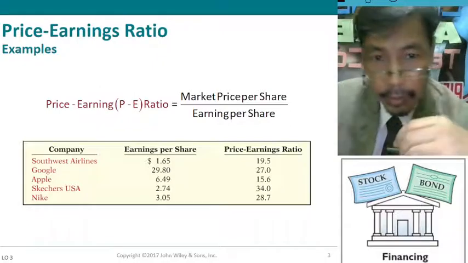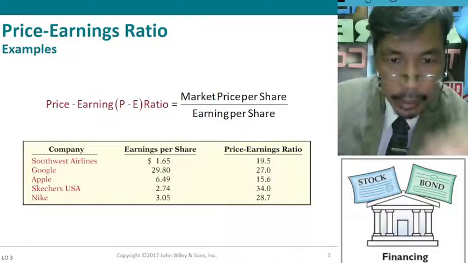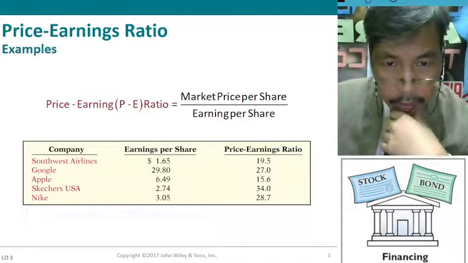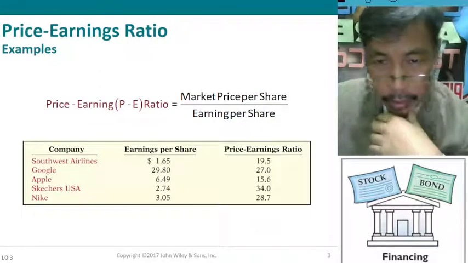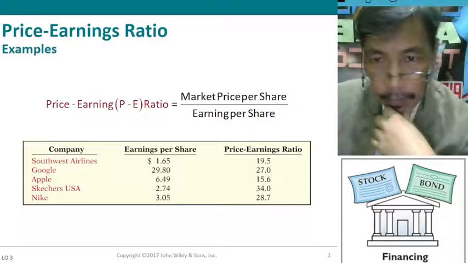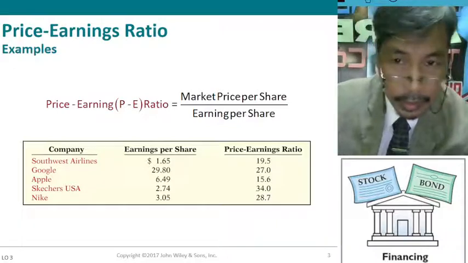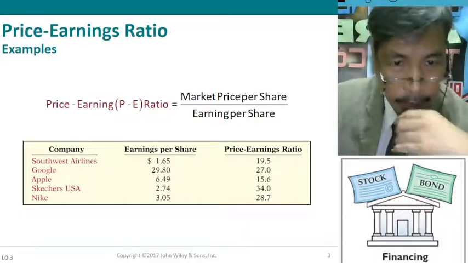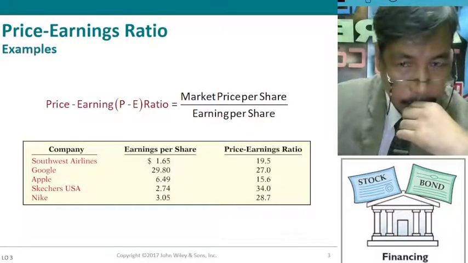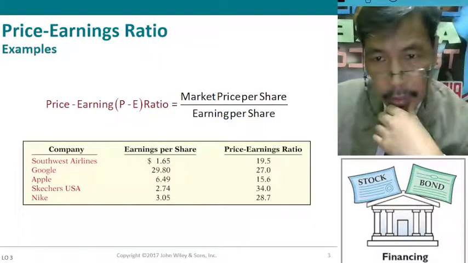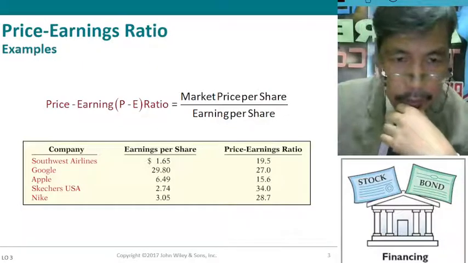Example, price earnings ratio: market price per share divided by earnings per share for these different companies. We have here a listing of 5 popular companies: Southwest Airlines, Google, Apple, Skechers, and Nike. They calculated earnings per share and they calculated price earnings ratio.